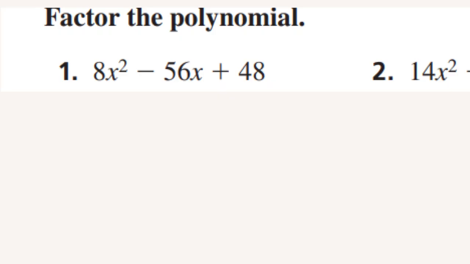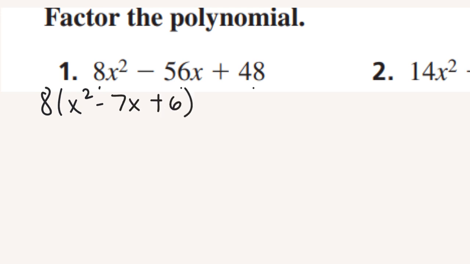Factor the polynomial. Remember, first thing I want to know is, do I have a GCF between 8, negative 56, and 48? Which, yes, we do. Which is the number 8, right? I'm going to have 8 on the outside, factor out. Left with 8x squared minus 7x plus 6.